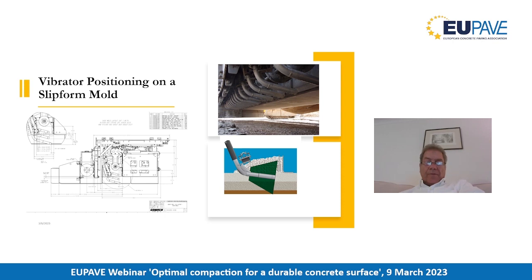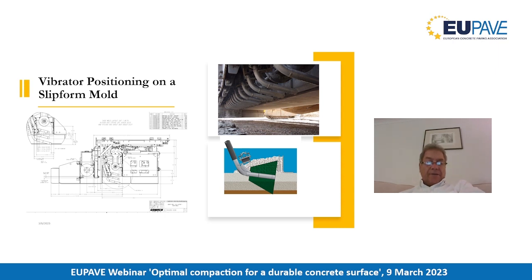When you're not paving over blockouts, it's important the operator adjusts the vibrator angle hydraulically and lowers the tip of the vibrator into the mouth of the mould, ensuring that you're getting better vibration areas of influence going through the mouth of the mould.